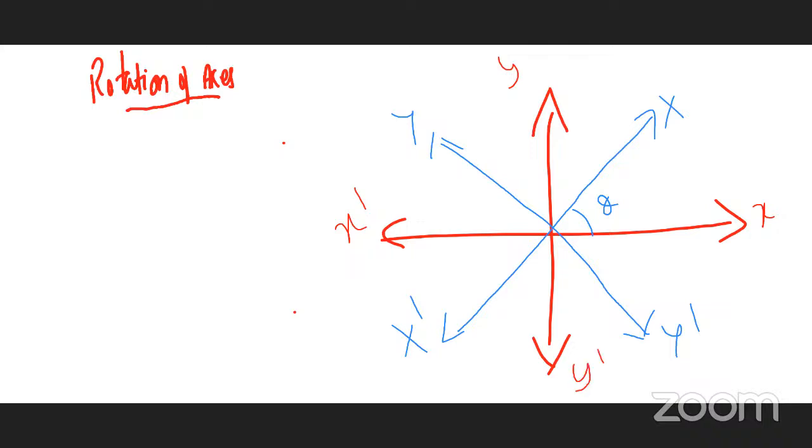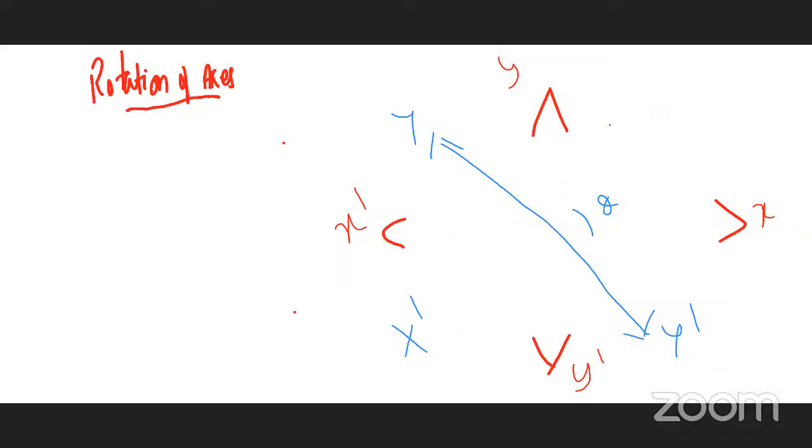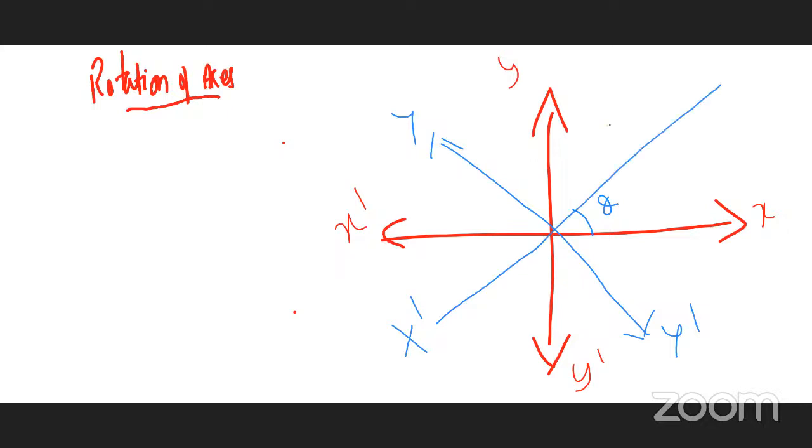Now look carefully. Now I'm considering a point P. So this is my point P somewhere. Let me take a little bigger line. I'm considering a point which is common to both the original axis and the rotated axis.